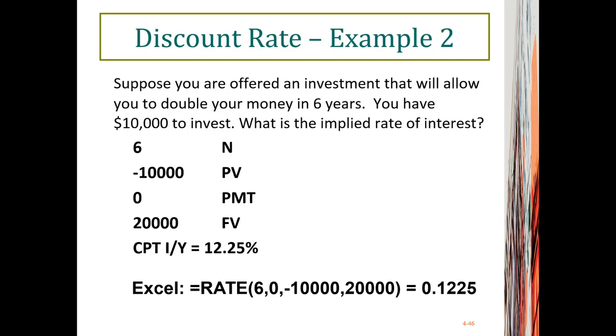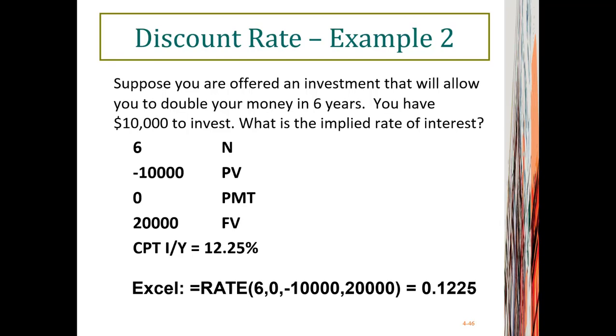Here's another example. Suppose you are offered an investment that will allow you to double your money in 6 years. You have $10,000 to invest. What would be the implied rate of return? Right? So everybody wishes that the investment can double. And here, you need to know what the rate of interest should be if you want your money to double in 6 years.